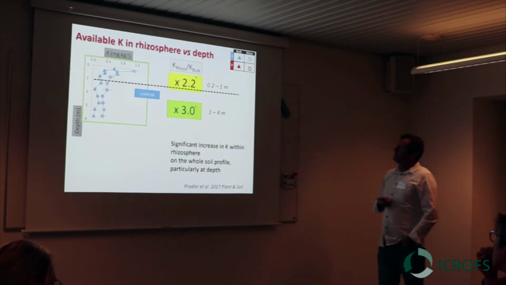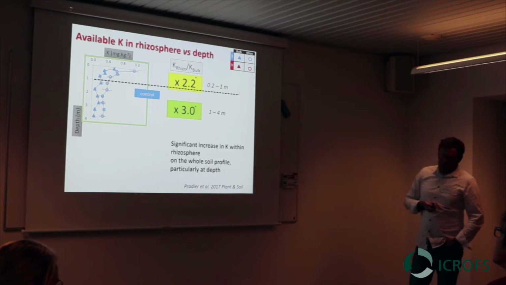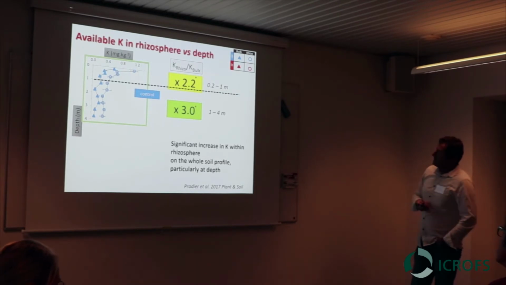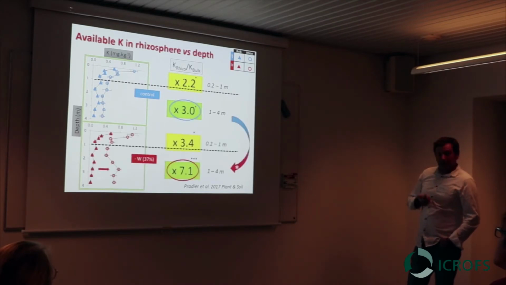That's a key message. If we now look at the nutrients, potassium shows the same trends, but with higher values and higher differences in the rhizosphere compared to the bulk soil in the control. But in the drought treatment, we found even 7 times more potassium accumulation in the rhizosphere.